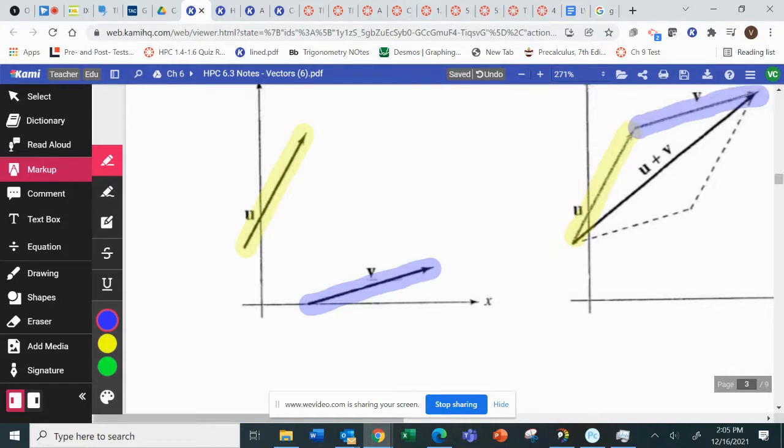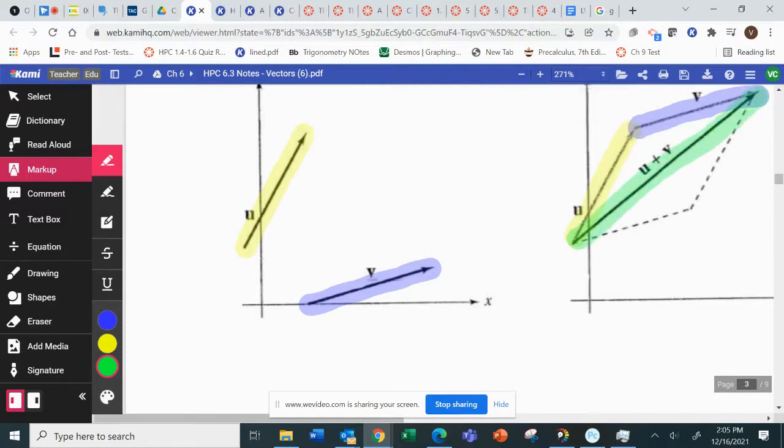So even though vector v was originally here, if I add them together, we're doing length and direction of u, and now length and direction of v. So we've got a u and a v, but that's not the answer. The answer is vector u plus v, which I'm going to show in green.